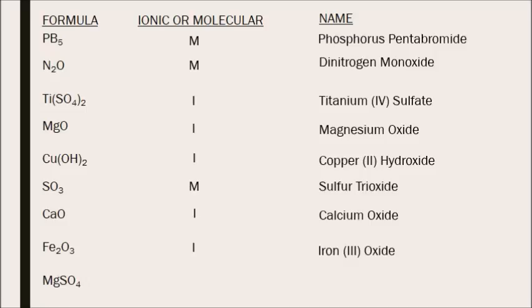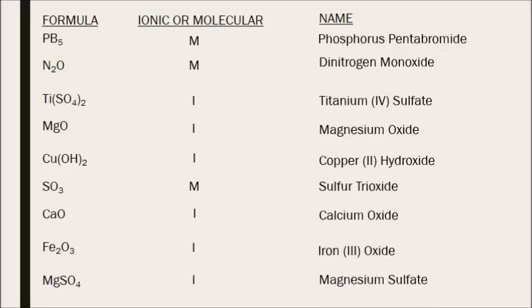And we've got a metal and a polyatomic ion here, so we're going to have an ionic compound. This is a regular metal, so you don't have to do any charges, and Mg's charge is +2, and so is sulfate's, so that's why those charges are canceled out, and you're just going to get magnesium sulfate.